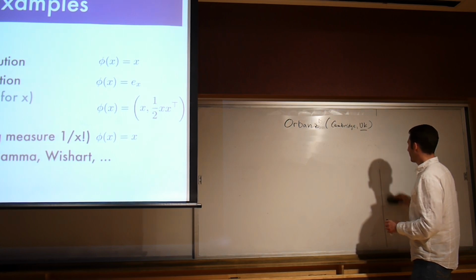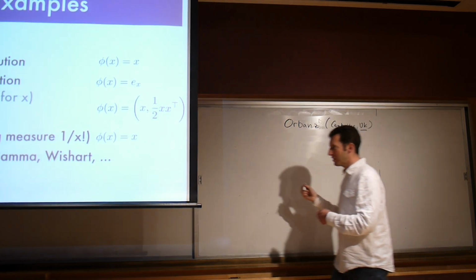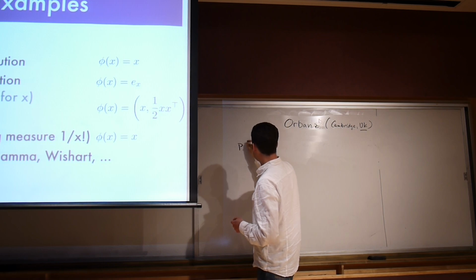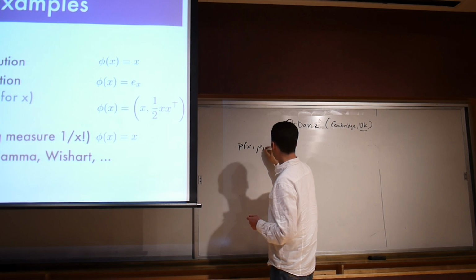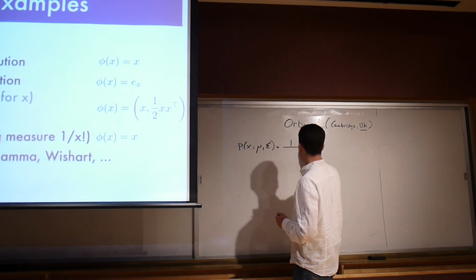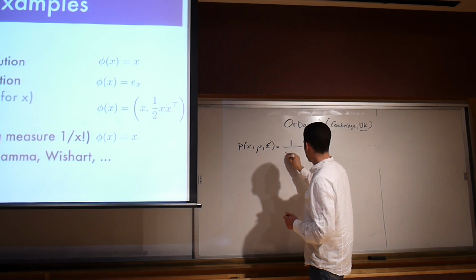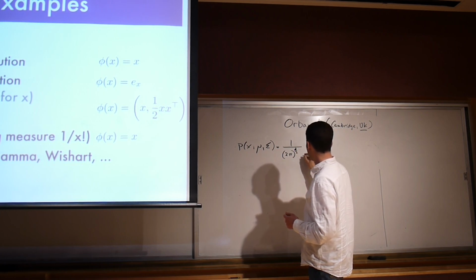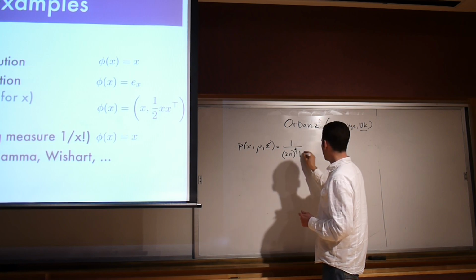And the entire trick is just to take a Gaussian and make a big mess of it. So, p of x, parameterized by mean mu and covariance sigma, is going to be 1 over 2 pi to the d over 2, determinant of sigma.